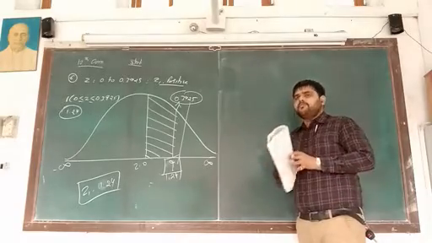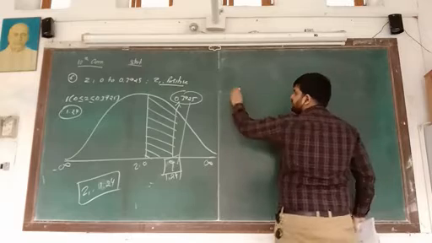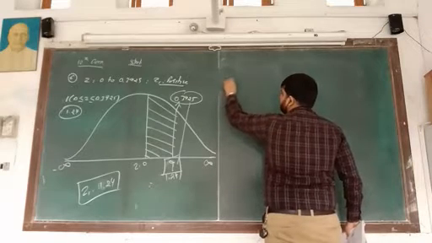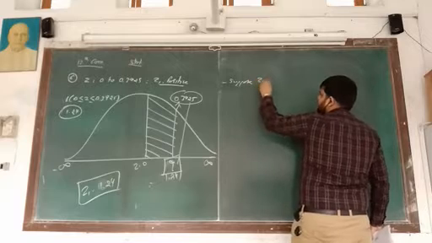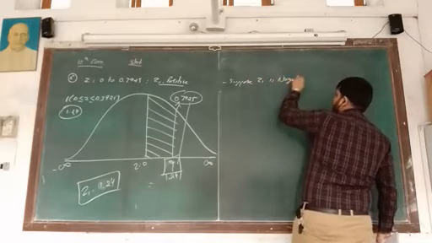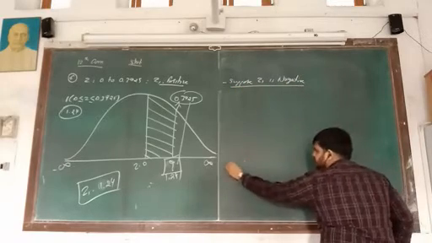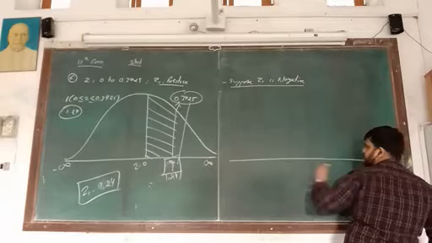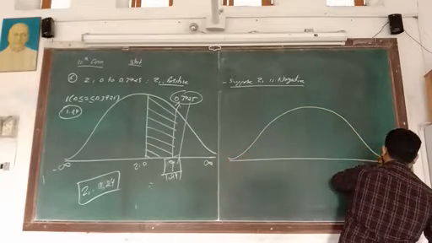Now suppose z1 is negative. Then we have to draw the bell-shaped diagram again.